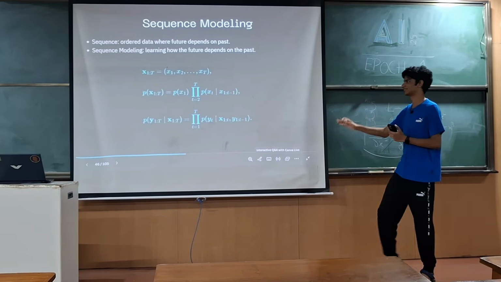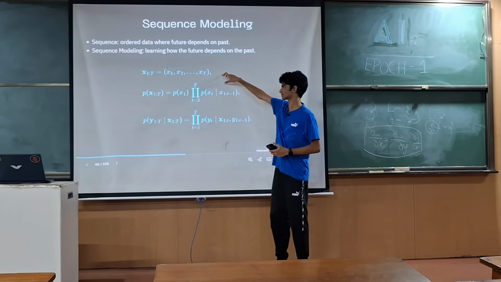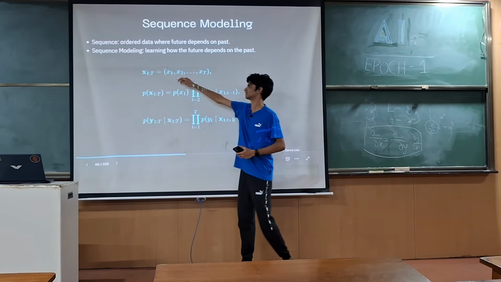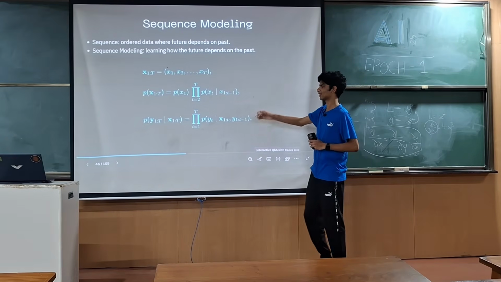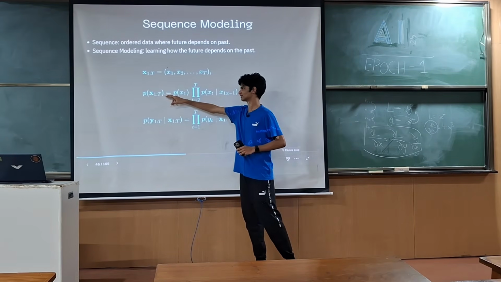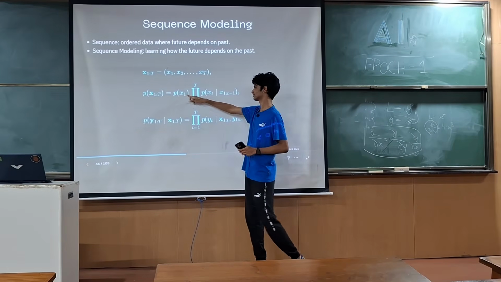Let's say you have a sequence structured like this. This is your first word, and this is capital T, which is how many words you have in total. What this equation says is that the probability of the sequence occurring is the probability of the first word times the rest.